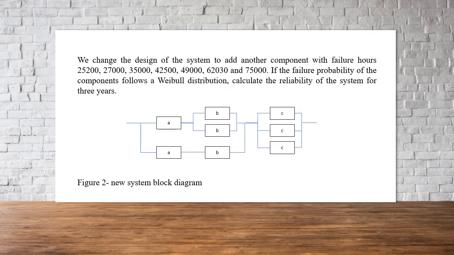So if you want to calculate the reliability of the whole system, we need to calculate the reliability of the component C. And we know that it follows the Weibull distribution. So we need to use the Weibull distribution parameter estimation. There are lots of different ways to estimate the Weibull parameters, and one of them is the Weibull paper that we will work during this class.